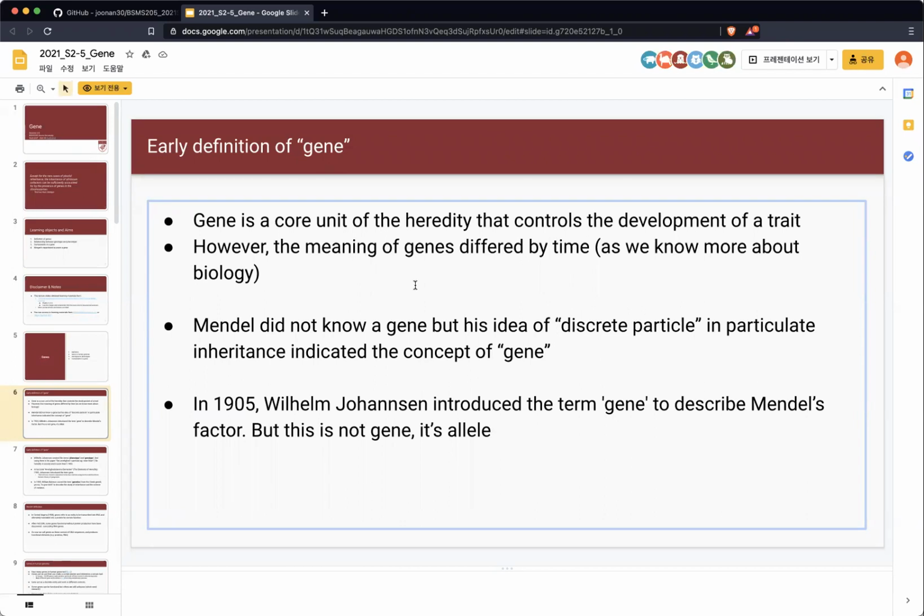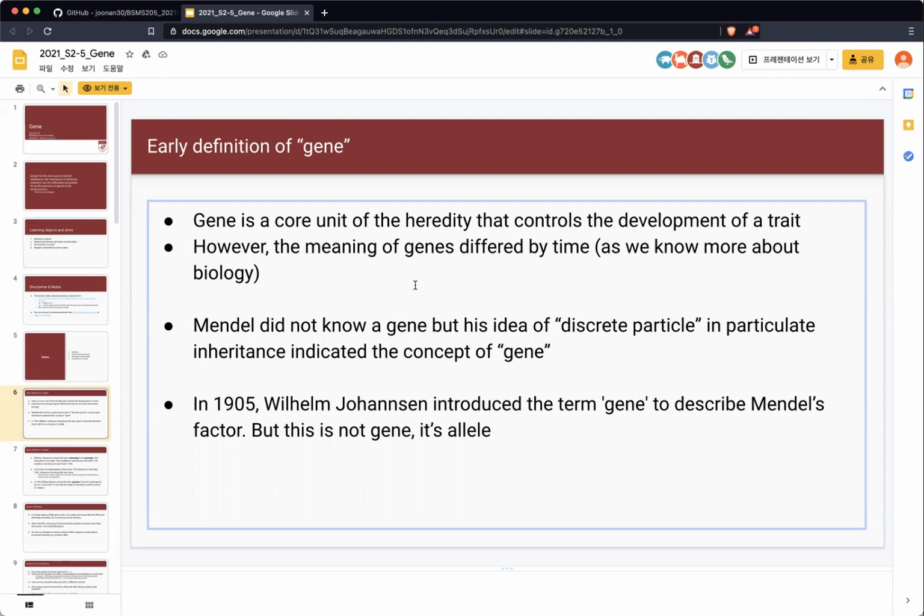So this is the early genetics we talked about in the previous session. But anyway, in early Mendelian times, people came up with the idea about the concept of the gene.